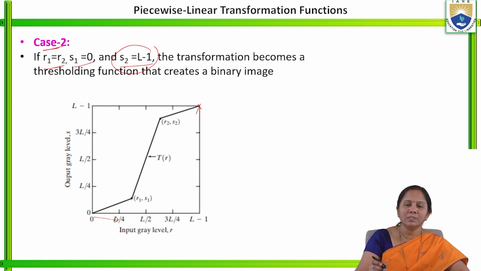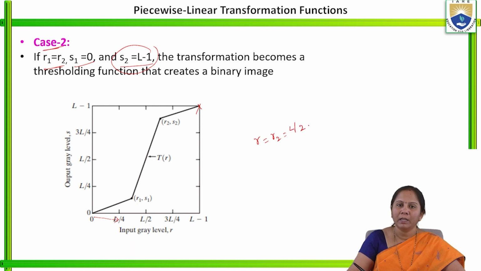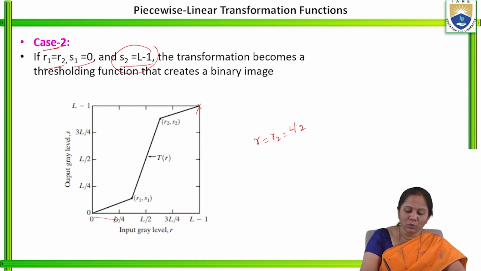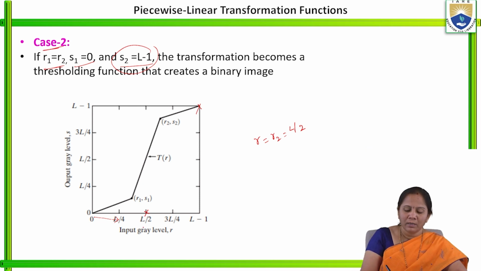And R1 is equal to R2 means let us consider some value of R, either L by 4 or L by 2. Okay, so let us consider here it is L by 2. Now, if you join these 2 points, how will the curve be?